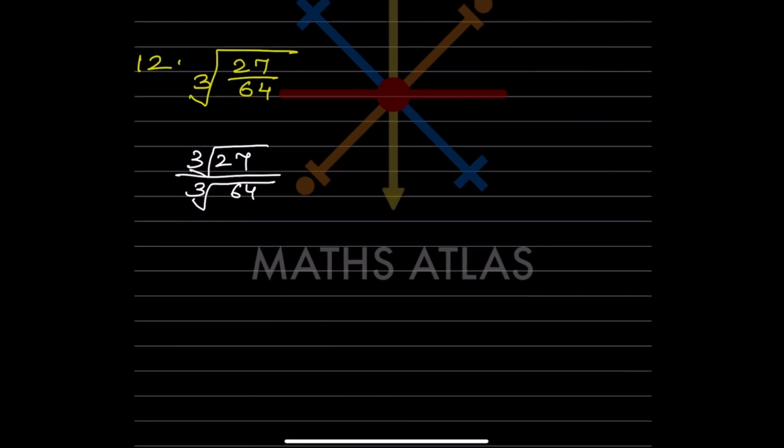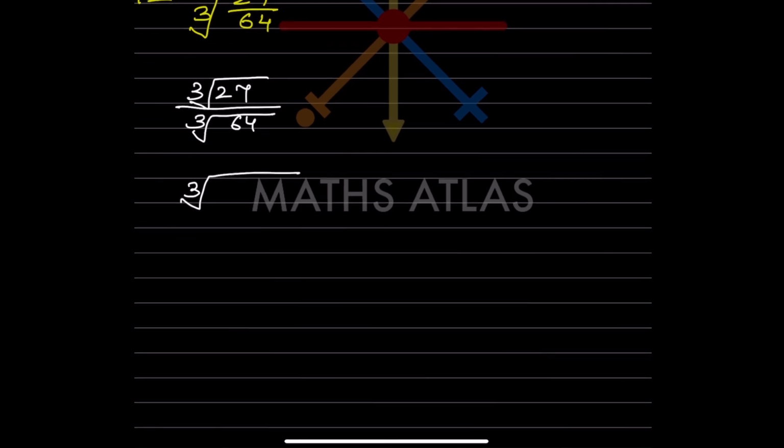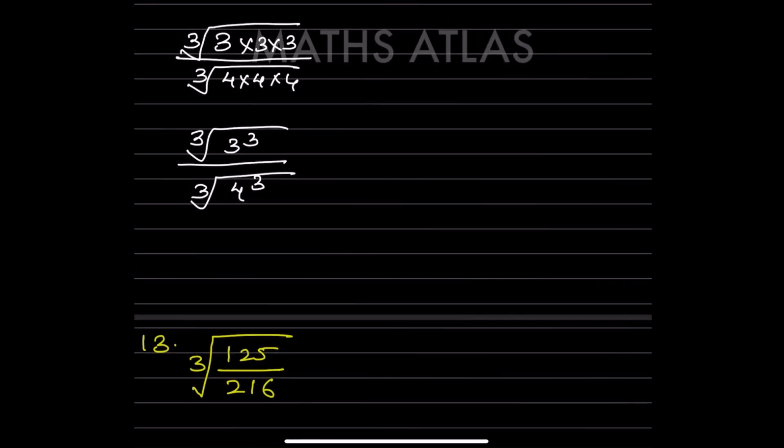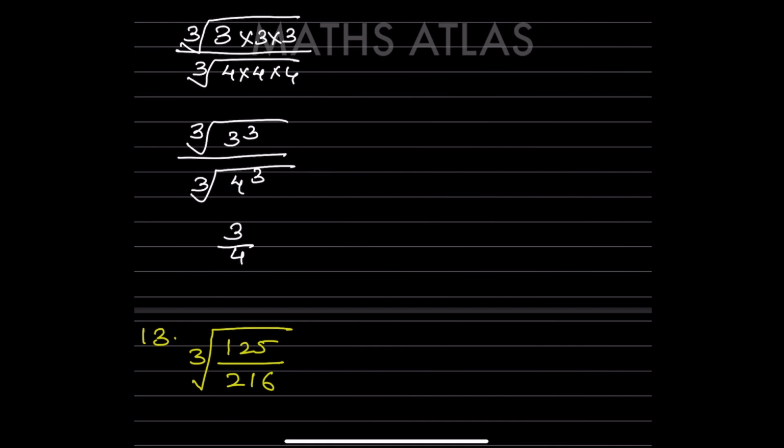And for 64, we have seen in the start, that is 4 into 4 into 4. 4 4s are 16, 16 4s are 64. So we can write it directly. Or if you don't know, you can just do it with the help of prime factorization. So this can be written as 3 cube by 4 cube, which will be 3 by 4.